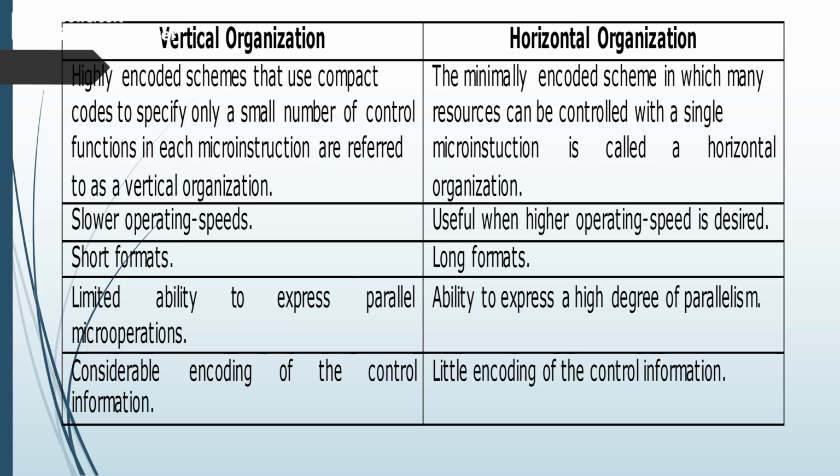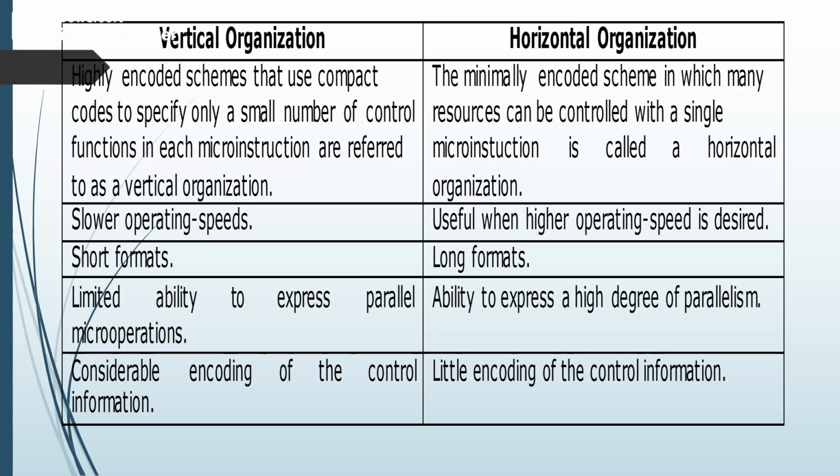The minimally encoded scheme in which many resources can be controlled within a single micro instruction is called horizontal organization. Vertical organization is slow, but horizontal organization is useful when high operating speed is required.